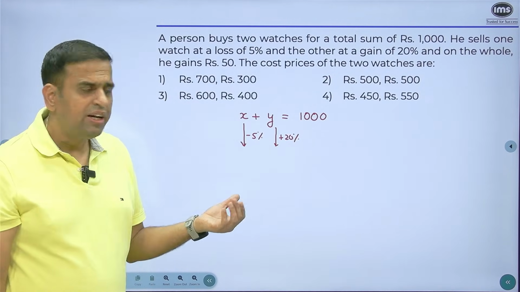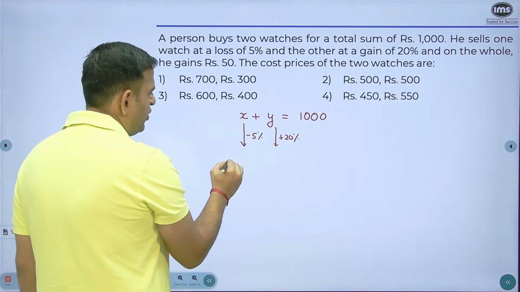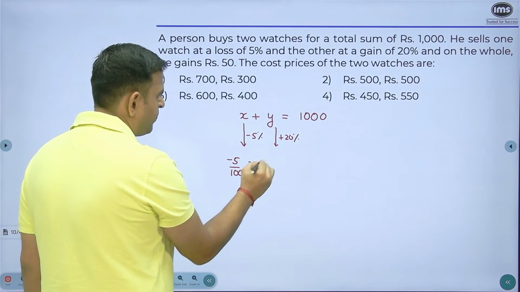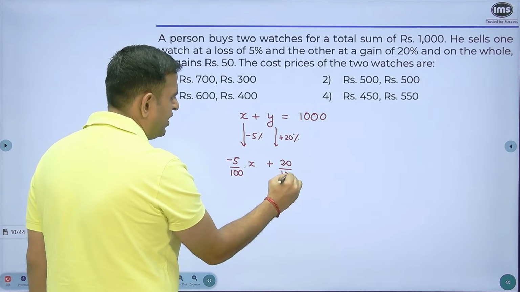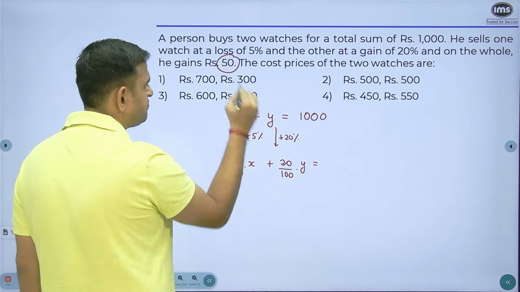So what is the loss? 5% on this number is simply going to be minus 5 by 100 into x. Here a gain of 20%, so 20 by 100 into y. And this will give you an overall gain of rupee 50.